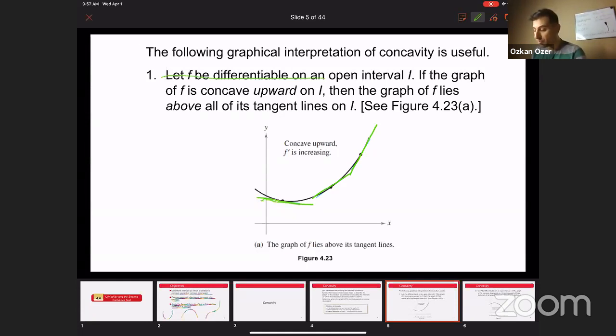You have a negative slope here, then a positive slope, then a steeper line, so a bigger slope. As you move in this direction, the tangent lines have the tendency of increasing all the way. So here f prime is increasing.